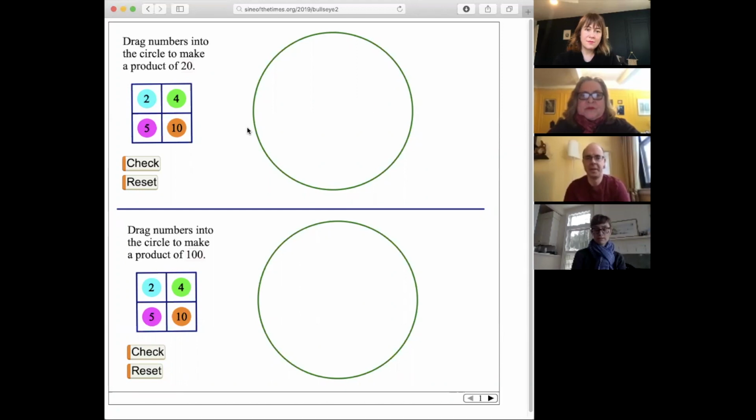So I should be able to drag a 4 and a 5, since 4 times 5 is 20. Let's check. I'll press the check button, and I got it. Now if I want to play again, I can just press the reset button and try to find different numbers whose product is 20.